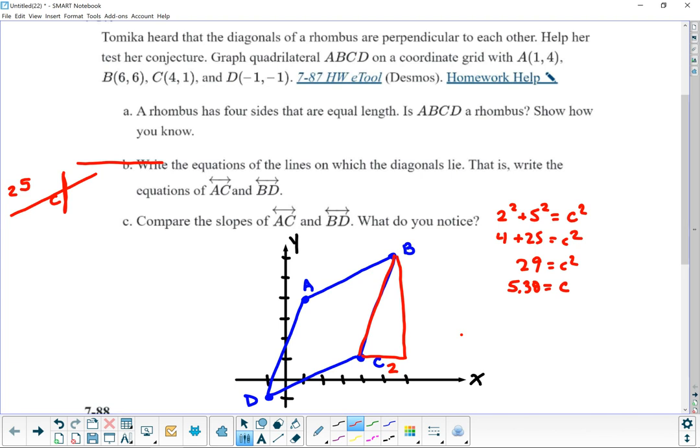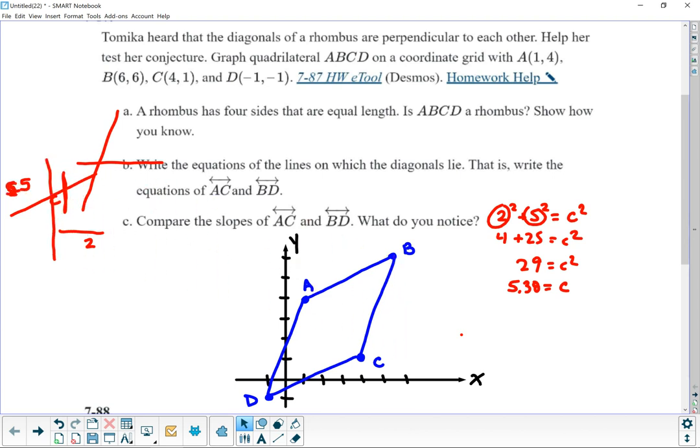That's at 6, and C is already at 1. So I'll get 2 and 5 again. And if I just get 2 and 5 for the sides and solve for C, I'll get 5.38. So this one is going to be the same, because my a squared and b squared sides are 2 and 5 again.